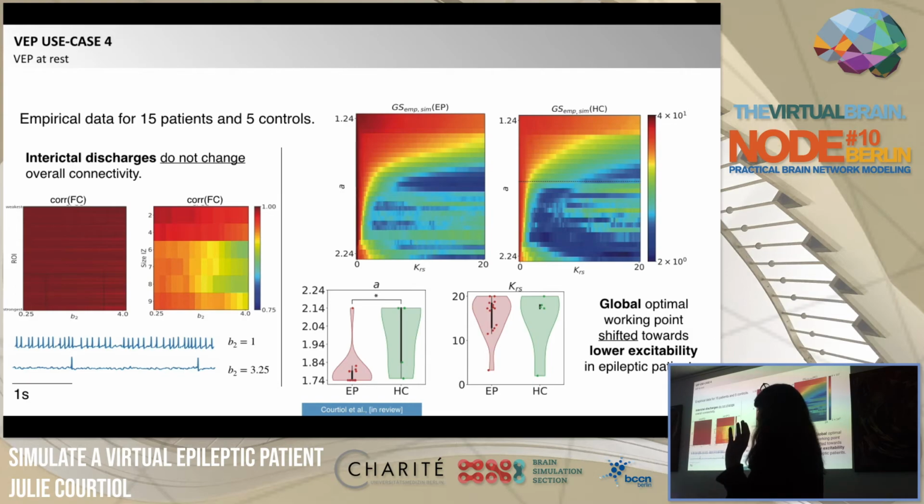We put them into our system, and we look at where the working point of the system is. The working point is where my model fits the empirical data. And we are looking at two different parameters: one is the excitability of the system, and the other one is the coupling with the remote regions in the brain.